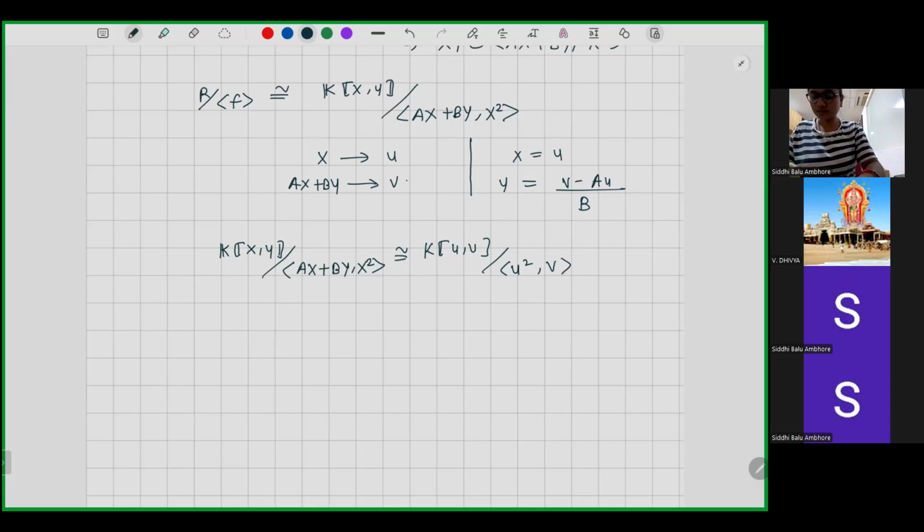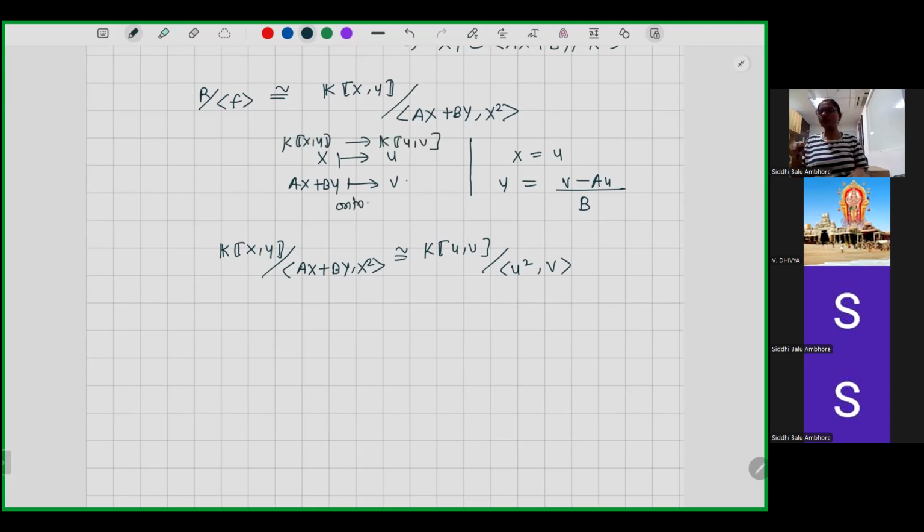Okay, because this is linear. When we have to do this change of variables, the only thing we have to check is that when we shift these variables, the map which we are defining has to be onto. So what I'm doing here needs to be onto.